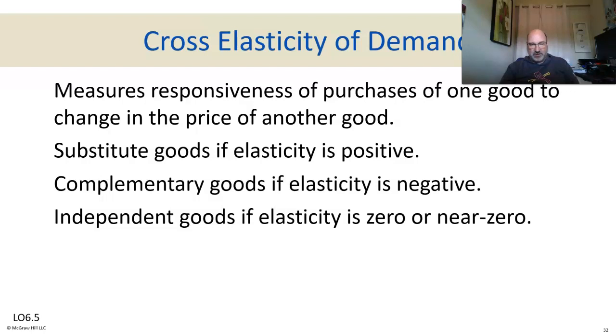That's how this works out. Complementary goods, peanut butter and jelly. If the price of peanut butter goes up, the demand for jelly goes down. That's a negative relationship, and therefore the cross price elasticity is negative. And that's how you get that relationship there.